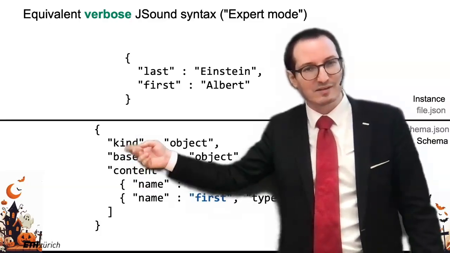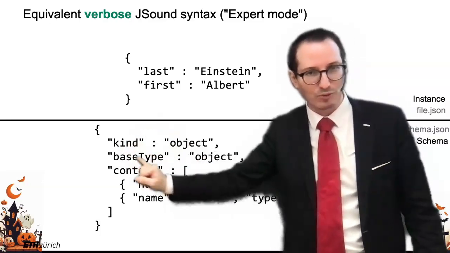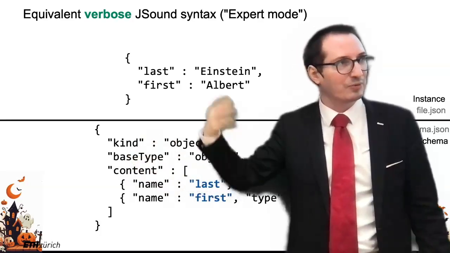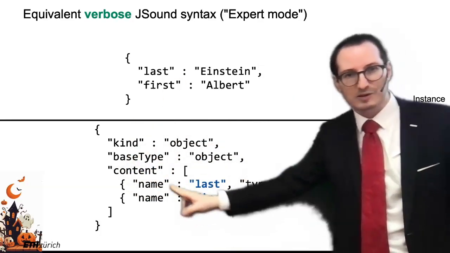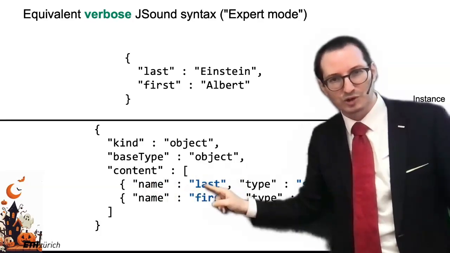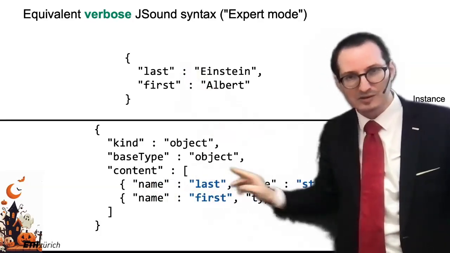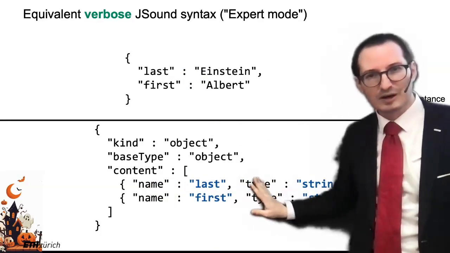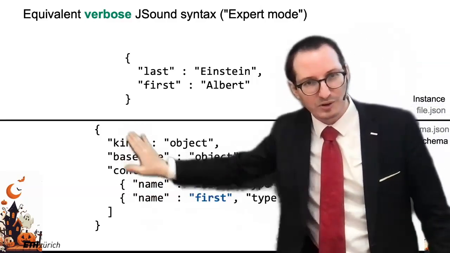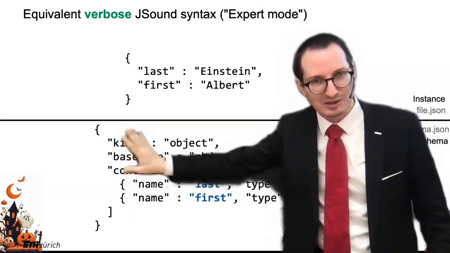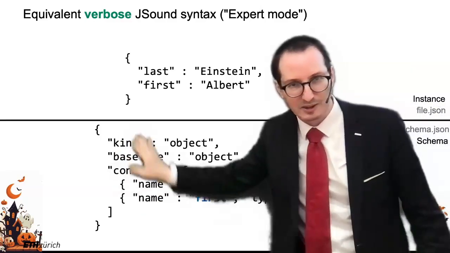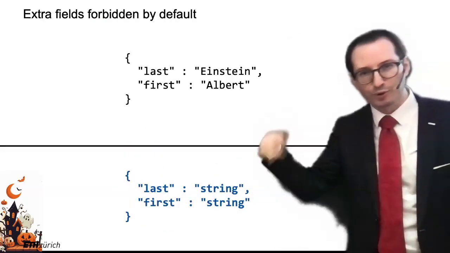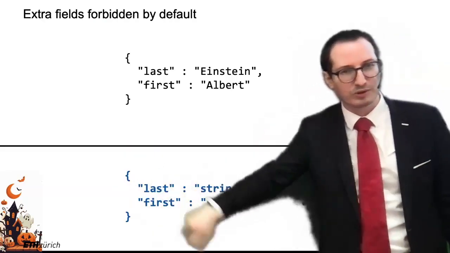There's a key called kind that says if it's an object, an array, an atomic, a key that is the base type, we can define subtypes, a key that's called content, and for the pairs, the key is always called name, associated with the key of the instance, and that it's always called type. So it's static because here it forces you in every schema that uses this verbose syntax to have exactly these properties here. Okay, as opposed to this one where you can really put anything in there.